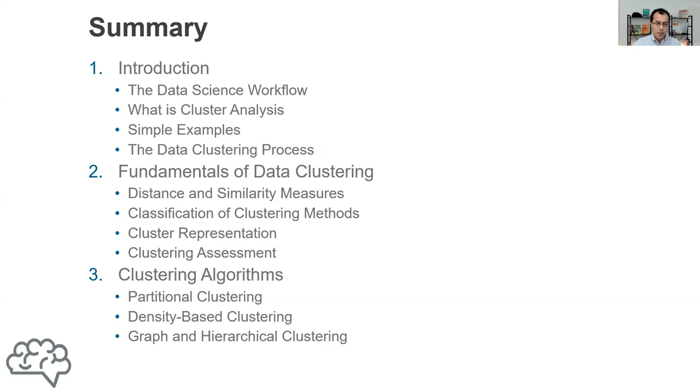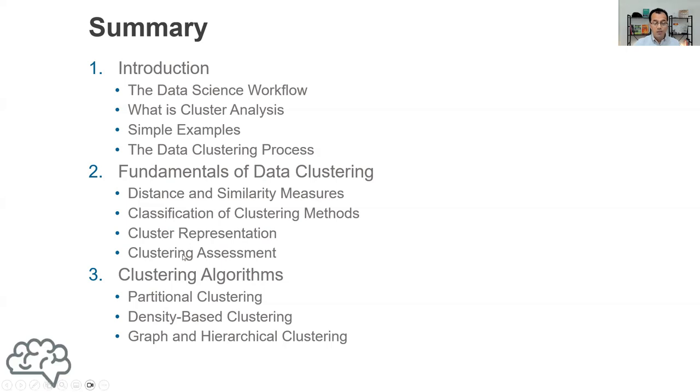In the second part, we are going to talk about the fundamentals of data clustering. This is because in order to understand how to perform clustering, we need to understand what are the main distance and similarity measures, how the clustering methods are classified or categorized, how we can represent the clusters, and there are many different ways of doing that.